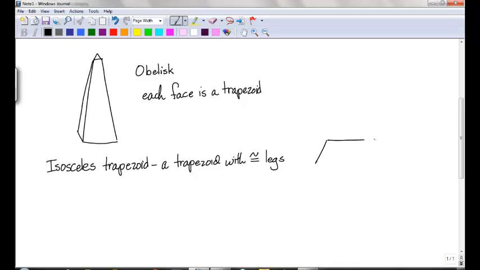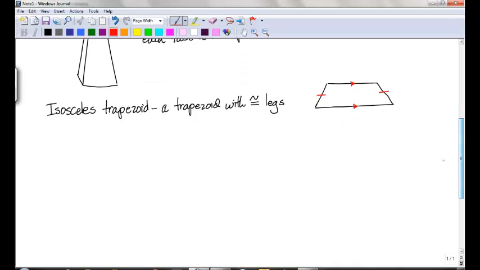If you were drawing one, it might look something like this. Remember these are still parallel, but these are congruent. The legs are congruent, and that's an isosceles trapezoid.